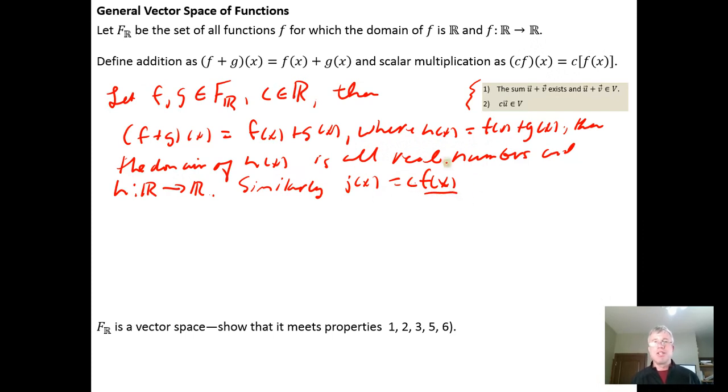So similarly, j of x has domain R, all real numbers, and j is a map from the real numbers to the real numbers.